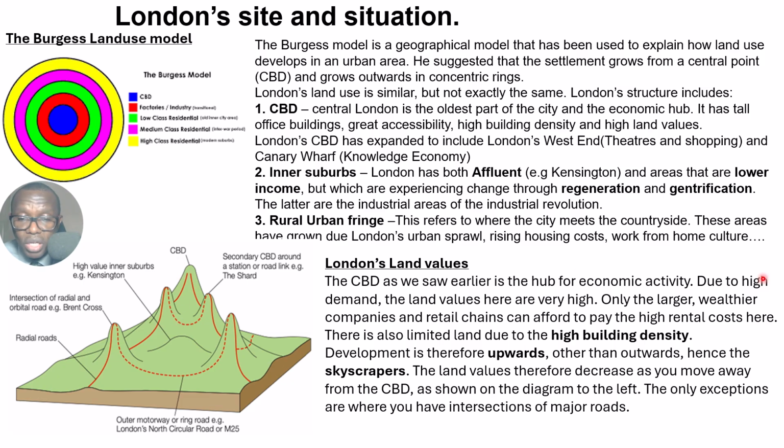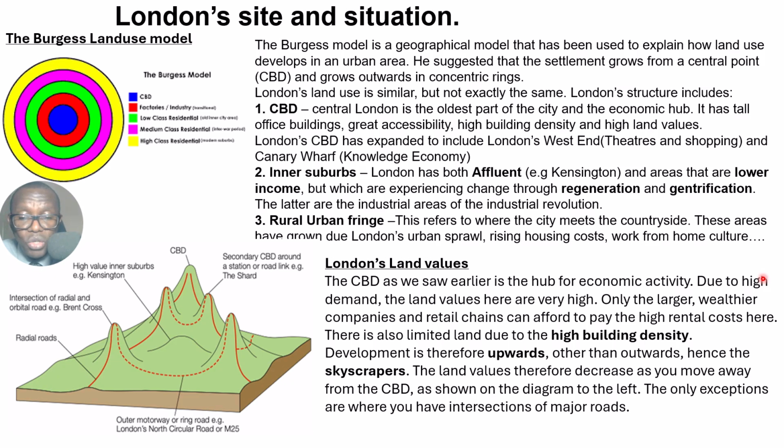Only the larger, wealthier companies and retail chains can afford to pay the high rental costs in the CBD. There's also a limited amount of land in the CBD. Like we said, there is a high building density, and therefore the development of the CBD is upwards rather than outwards, and that's why you have skyscrapers. Since there's such a shortage of land, you're better off building upwards rather than outwards.